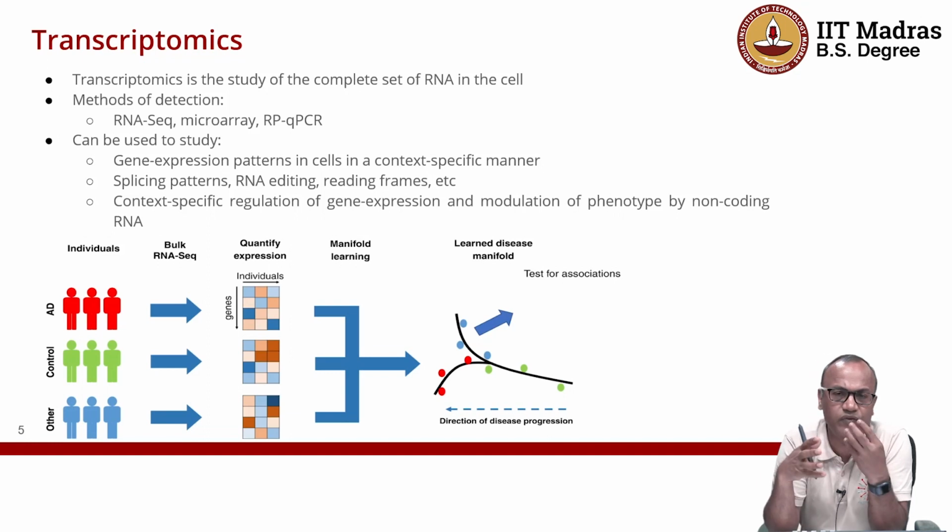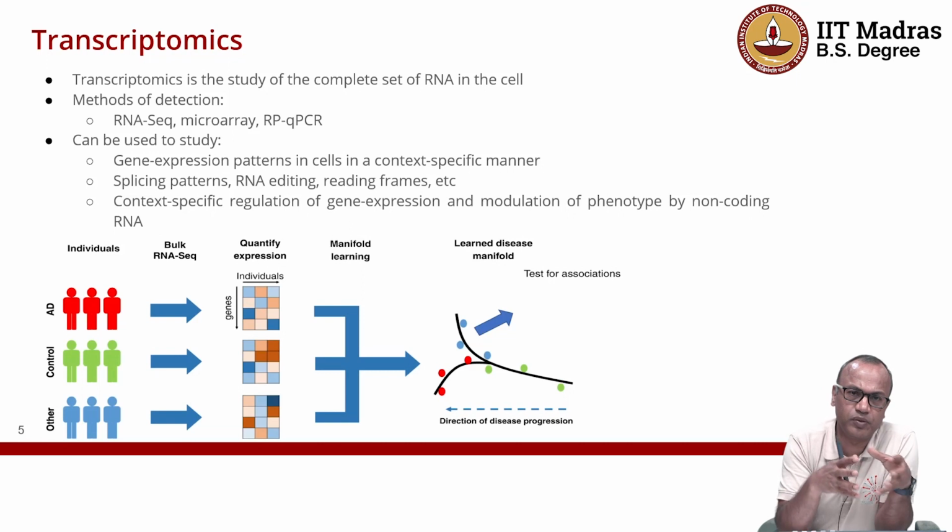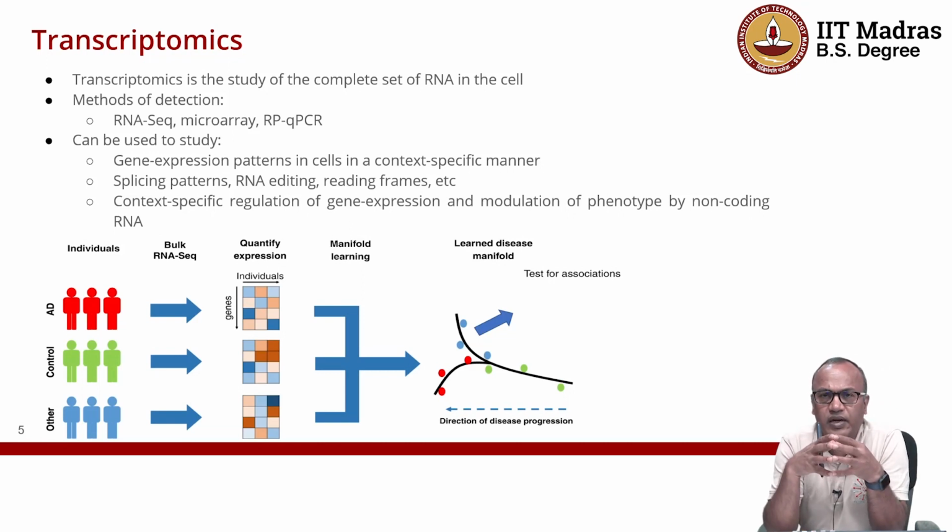So the transcriptome of a buccal swab would be very different from, let's say, the transcriptome of a liver, or of a skin cell, or of a neuron. So the transcriptome is highly variable, functionalized, and specific to a specific cell type.